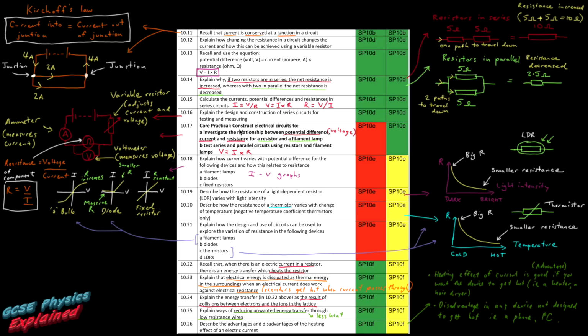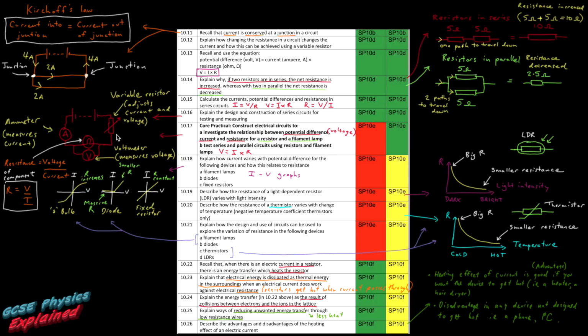10.17. Core practical. Construct electrical circuits to investigate the relationship between voltage, current and resistance for a resistor and a filament lamp, and test series and parallel circuits using resistors and filament lamps. So that's using Ohm's law.